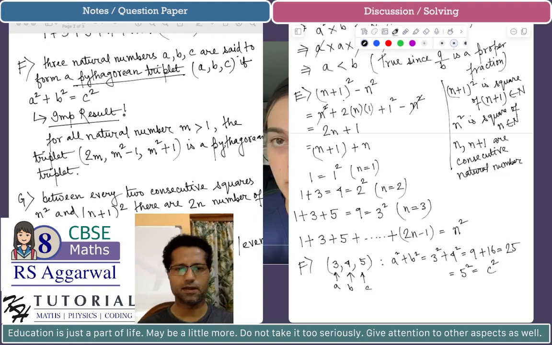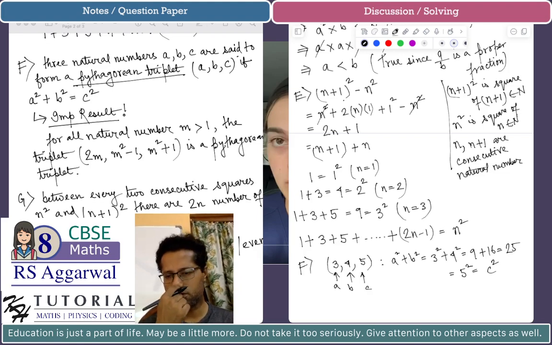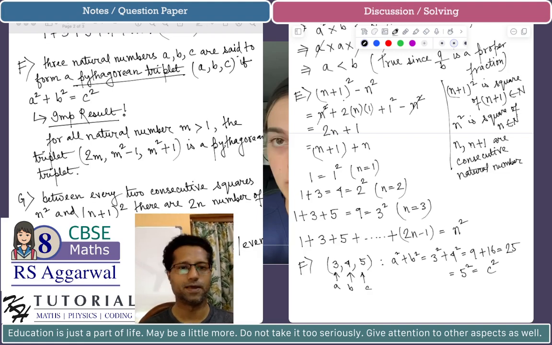So this is just an idea that A, B and C have to be natural numbers. So A comma B comma C will form a Pythagorean triplet if we have A square plus B square equals C square.